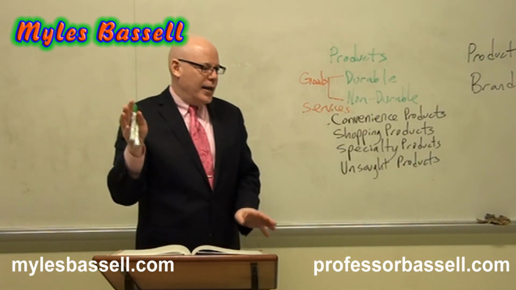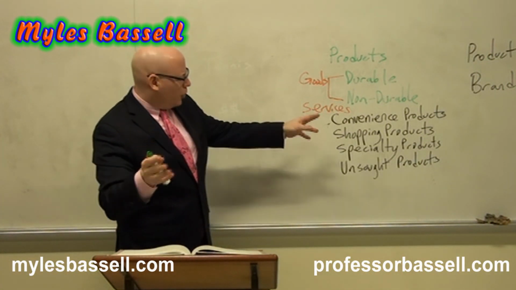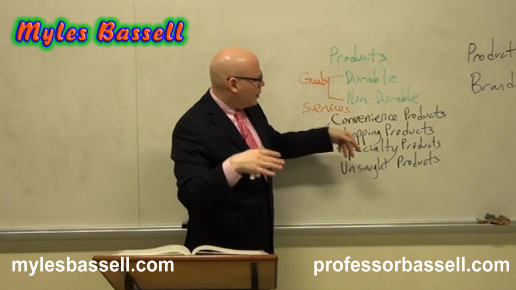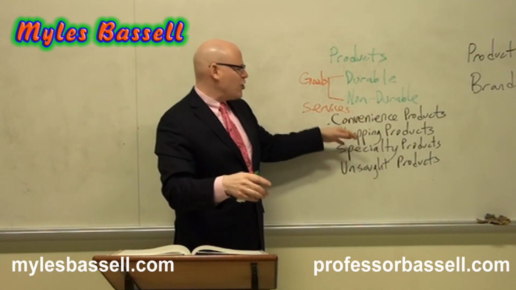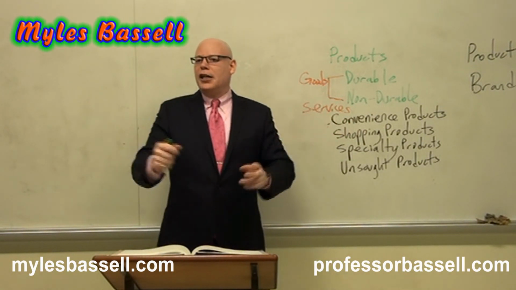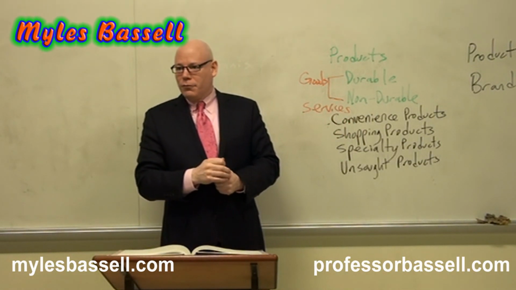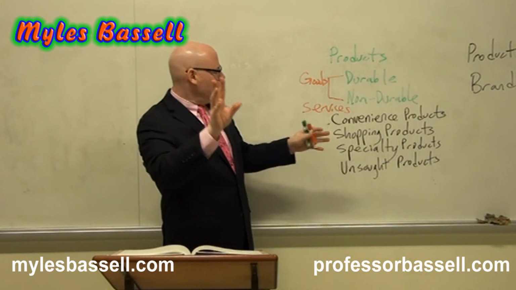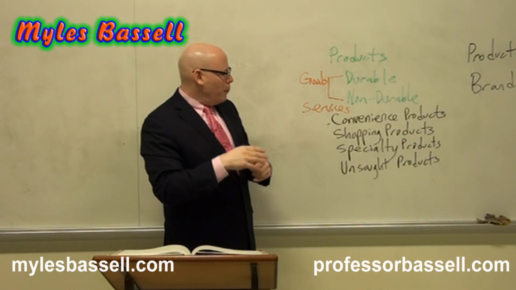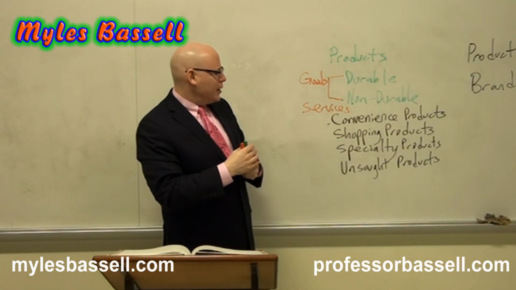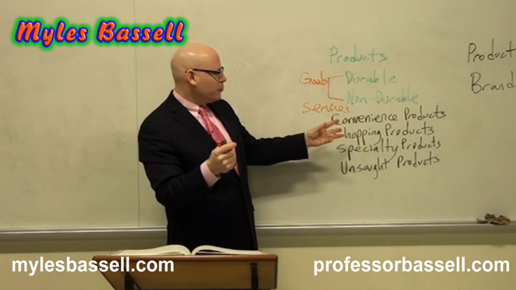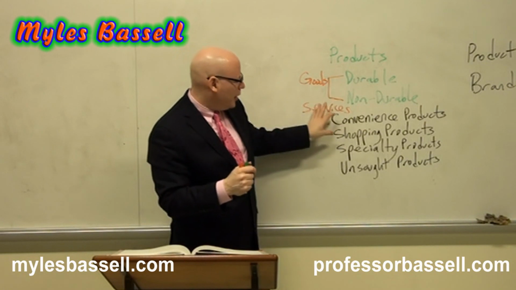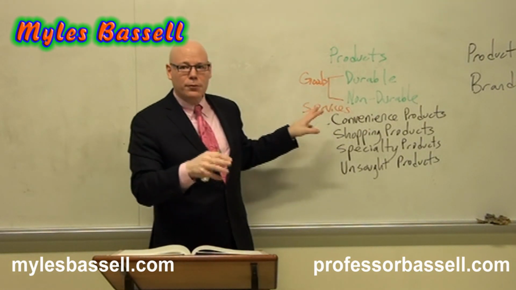So another way to look at this is to say that convenience products are usually low involvement products, and shopping products are generally high involvement. These are two different models, if you will, two different ways to look at the purchase dynamic, but I think it's applicable here to make that leap.